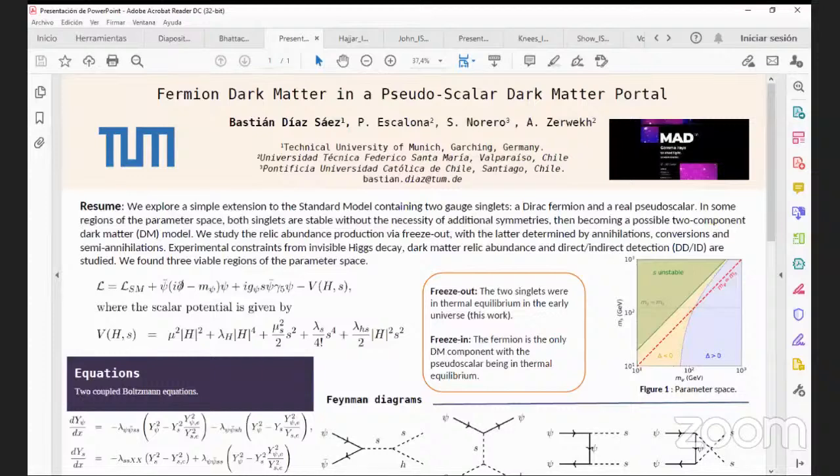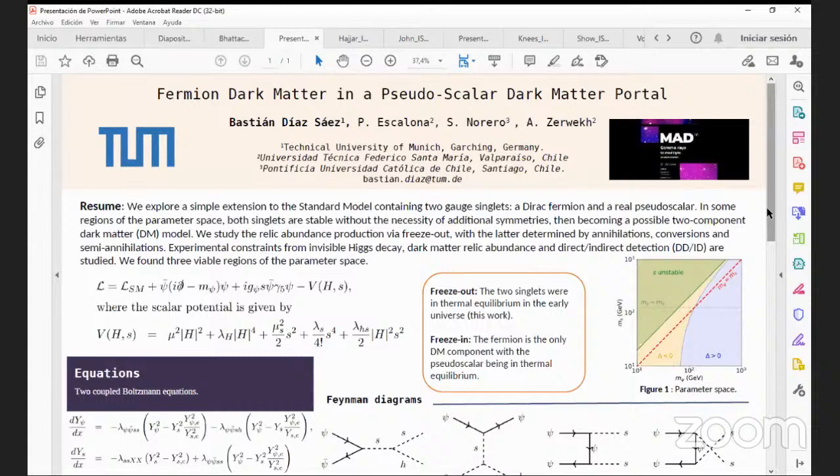I did this work in collaboration with the people that appear in the authors. The title is Fermion Dark Matter in a Pseudoscalar Dark Matter Portal. We studied a simple extension to the standard model in which we consider 2 new fields, a Dirac fermion and a real pseudoscalar.